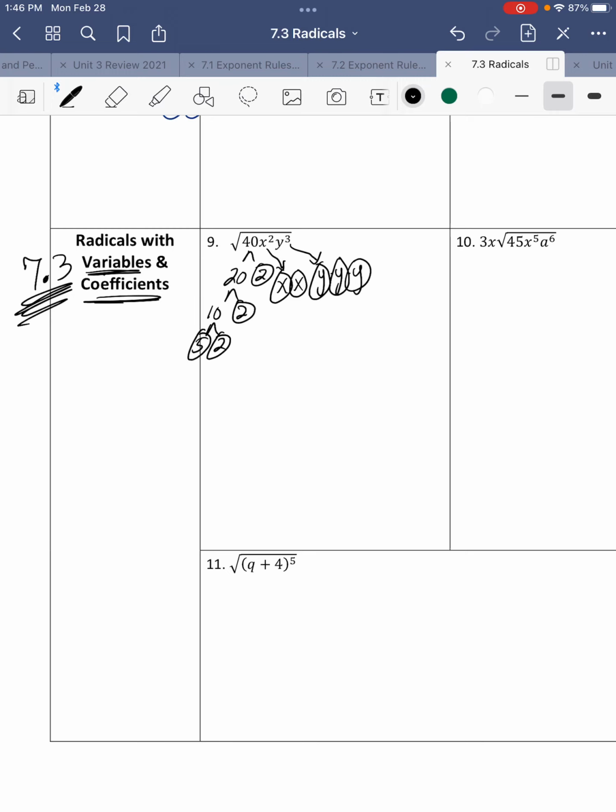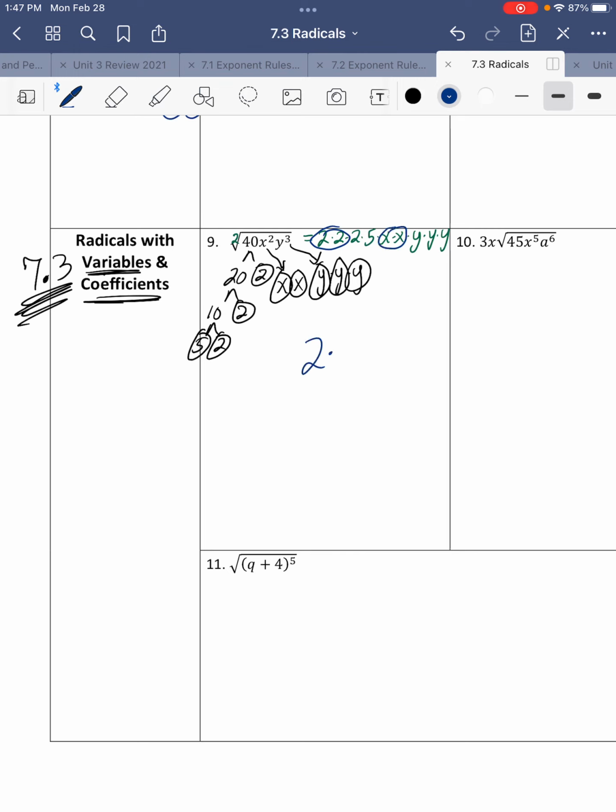Now I'm going to write this all out horizontally. Let me do this in a different color so we can see. We have 3 2's, a 5, 2 x's, and 3 y's. It is a square root, so we're looking for pairs. So a pair of 2's, that'll come down as a 2.